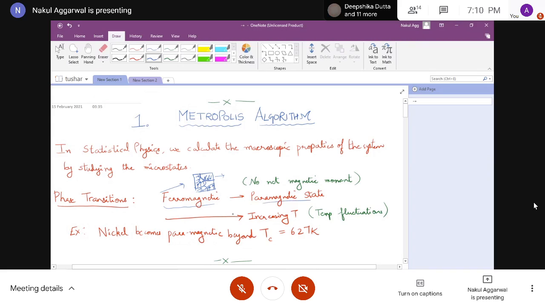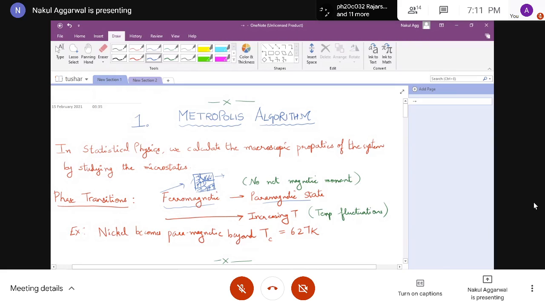But what happens in the paramagnetic state is there is no net magnetic moment. When you increase the temperature, there are two forces at play here. There are thermal fluctuations, which are trying to de-align those spins, and then there are spin interactions, which we will discuss after this, that are trying to align the spins in the direction of the magnetic field. There's a constant tussle between these two forces, or in general, because mostly in statistical physics we talk about free energy, there's a tussle between the internal energy and the TS term, or the entropy term.